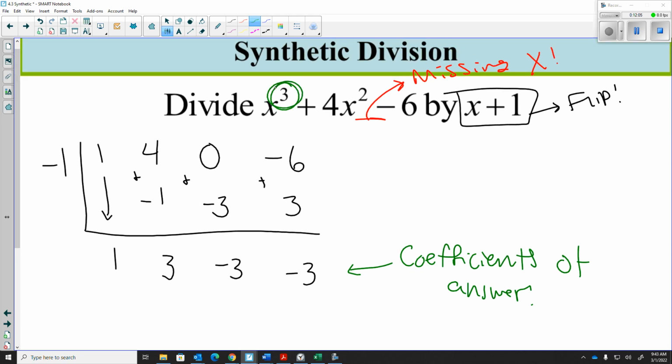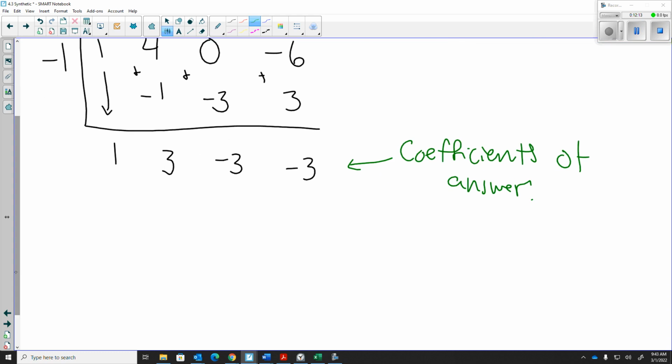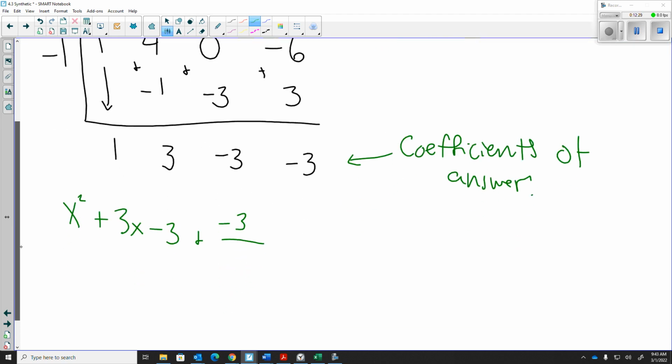That makes it smaller. So it's 1x squared, so it's just x squared, plus 3x minus 3, and then -3 is the remainder. So it's plus -3 over x plus 1, the thing we were dividing by. And we're done.